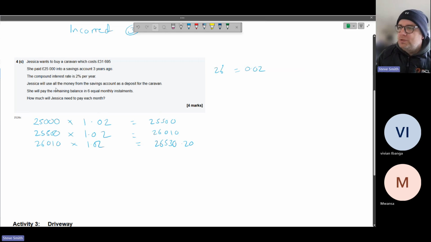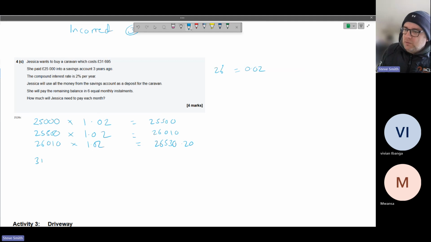Jessica will use the money from the savings account as a deposit for her caravan. She will pay the remaining balance in 6 monthly equal installments. So the caravan cost is 31,695. We've got a savings account now that's been emptied and it's got £26,530 and 20p.